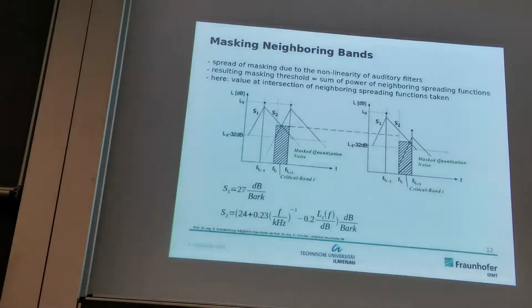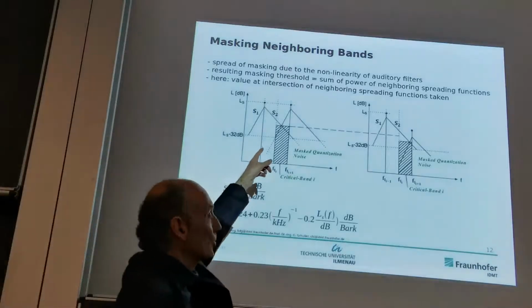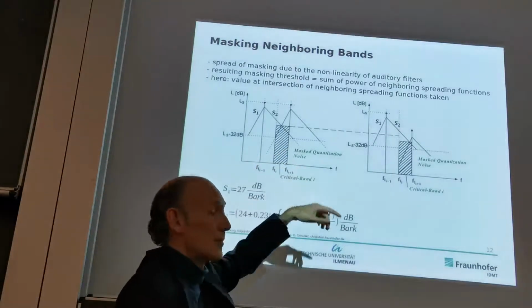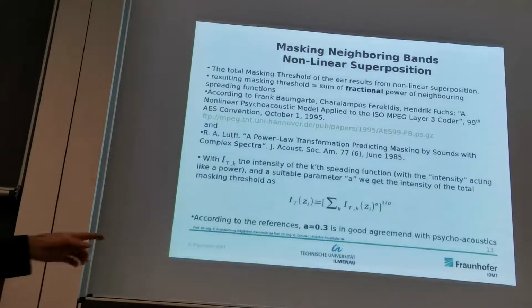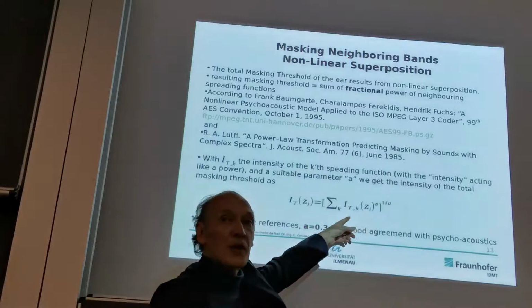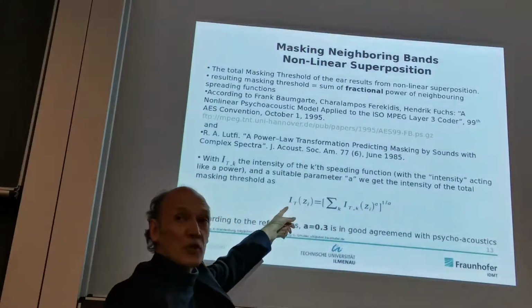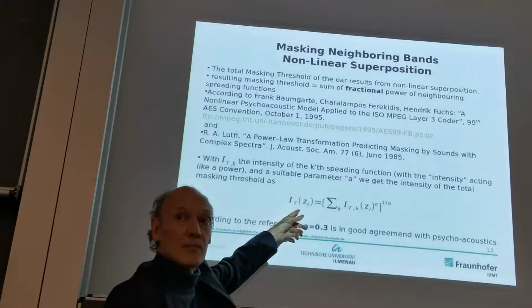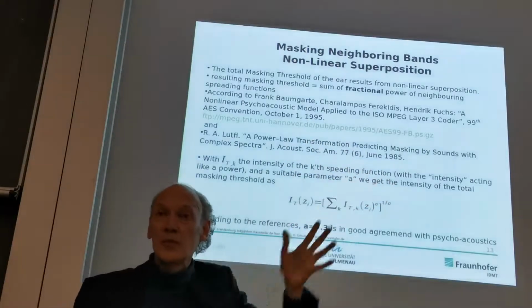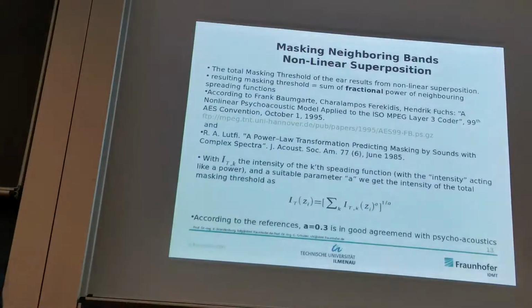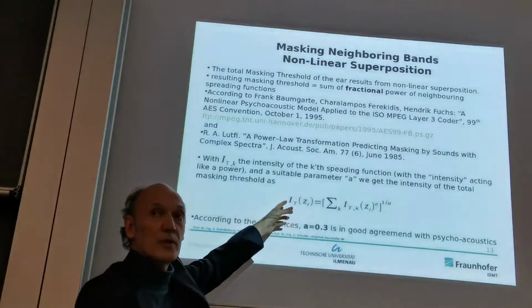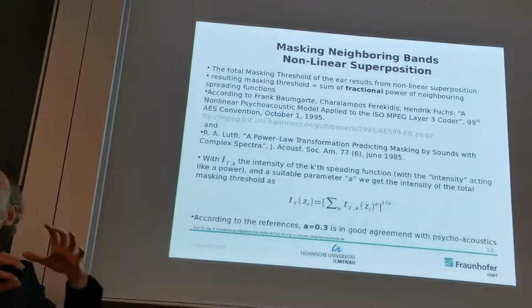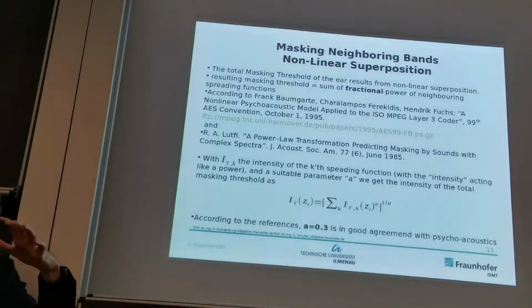No, see here, for each frequency you have a threshold, right? After you did the superposition of all the sinusoids, you get the total threshold. So this goes up and down in the spectrum for each block, for each frame. And you need to make sure that all the quantization noise is below the threshold.